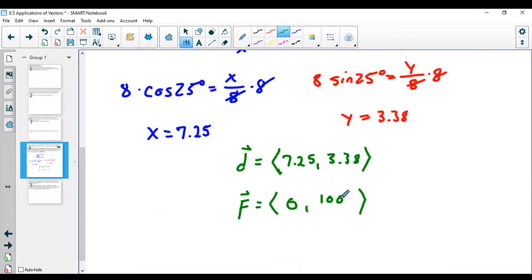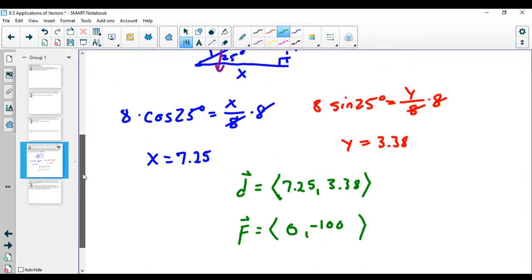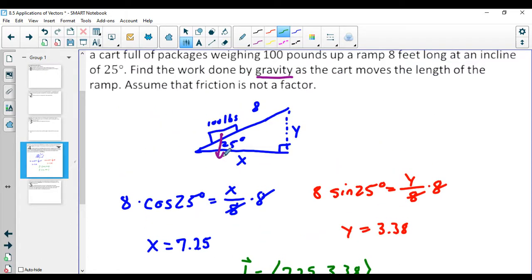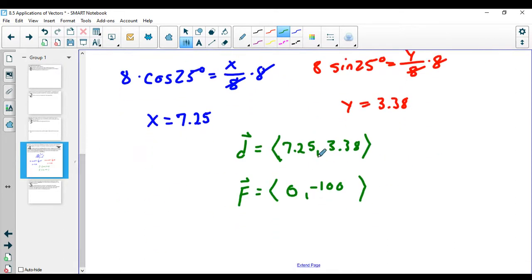So negative 100, because we want the forces pulling down. Usually we consider up positive, down negative, so we need to make sure we have our negative in there. So our force is 0, negative 100.